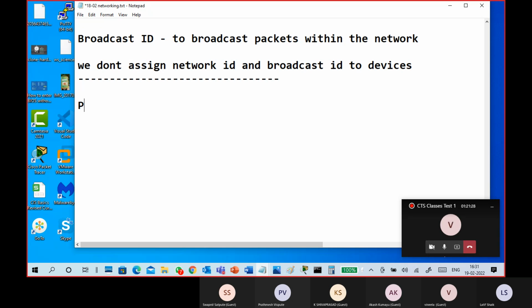Thing is, guys, there is another division, private IP address. What is the private IP address? So this is the range of private IP address.